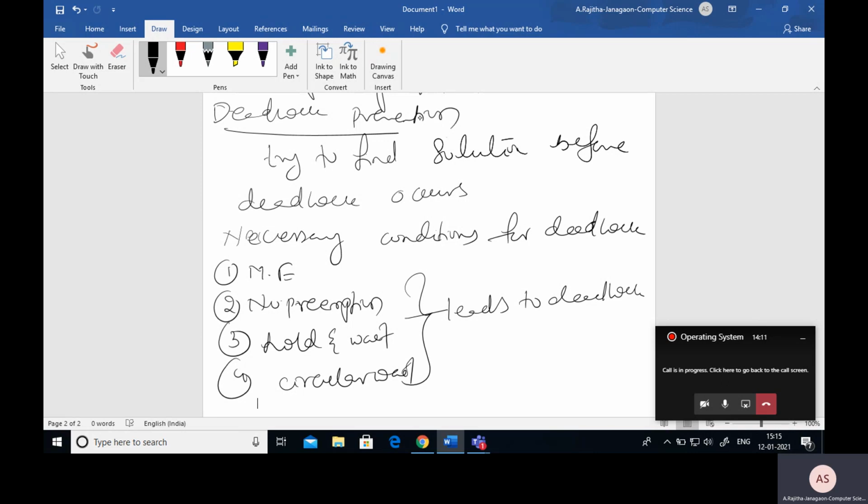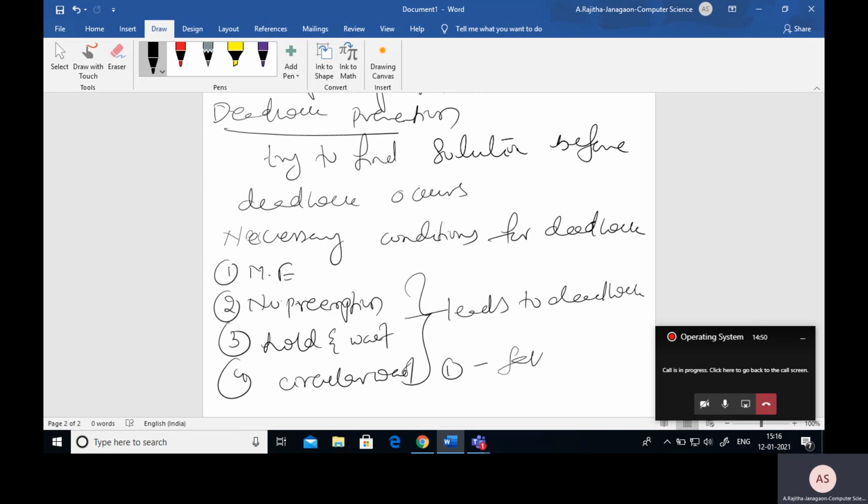So what is deadlock prevention? It tries to make all these four conditions false. Whenever a deadlock occurs, these four conditions are simultaneously satisfied. Deadlock prevention says to make all these four conditions false, then there is no deadlock.